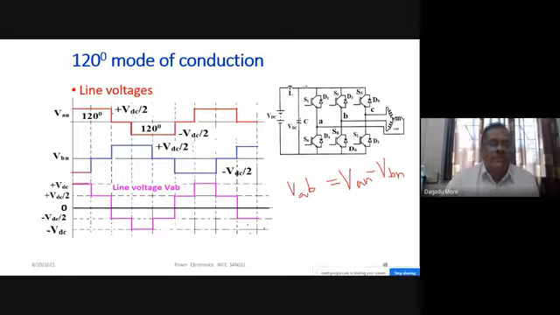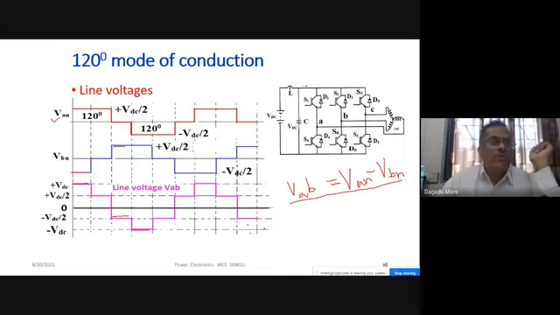Next, here VBN is 0, so the remaining will be plus VDC by 2. Here VBN is positive VDC by 2, inverted it becomes minus, so together with the minus it is minus VDC. So you just use the expression VAB equals VAN minus VBN. We know the VAN waveform.